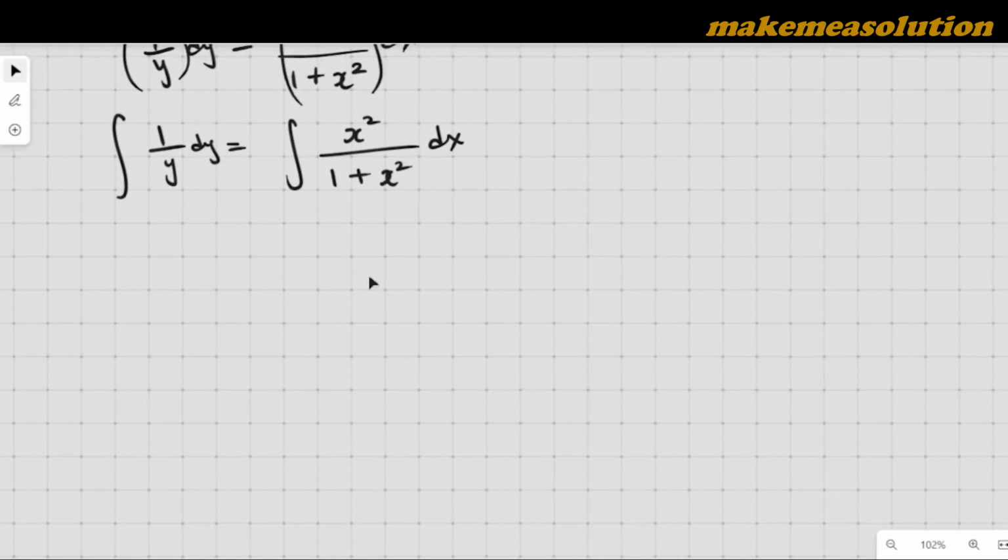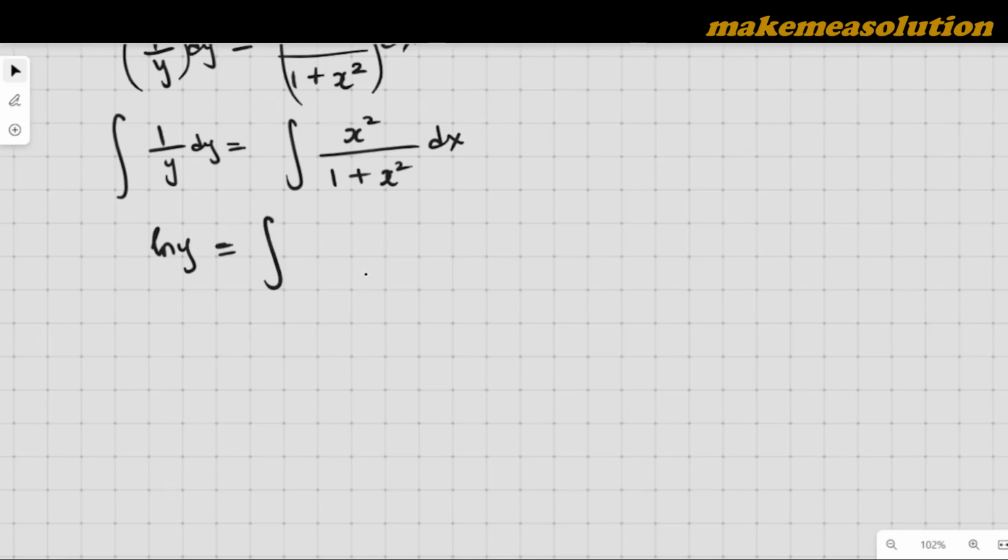So how do you solve this problem? The left hand side is easy, quite frankly, because you're just going to get ln y. So the problem is, how do I go about the right hand side?